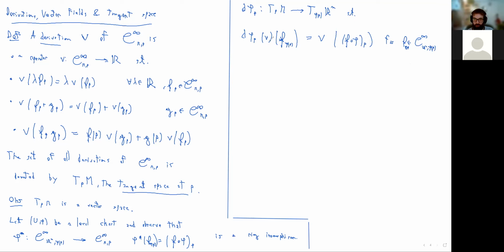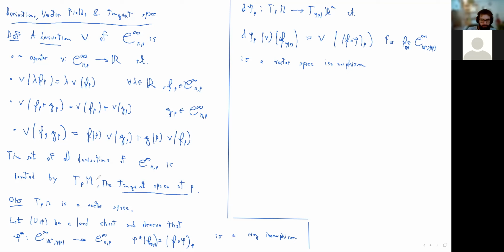And we observed that this is also a vector space isomorphism. Again, the idea here is to consider phi inverse, and this is a diffeomorphism, so everything works just fine.